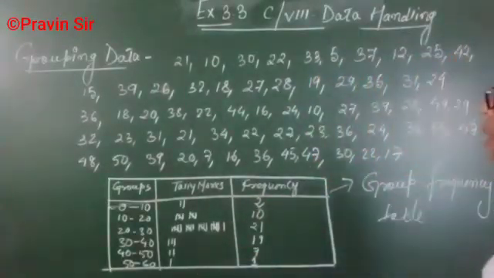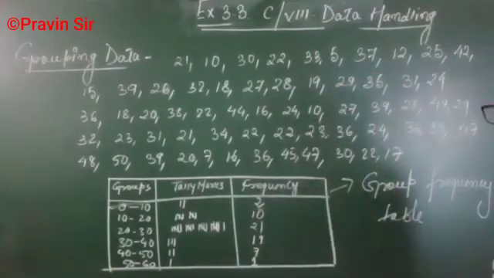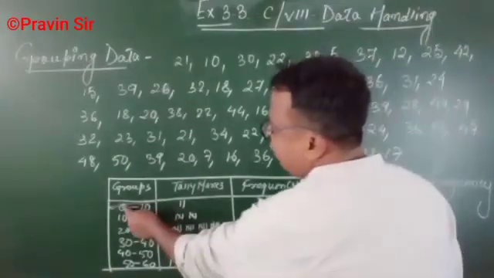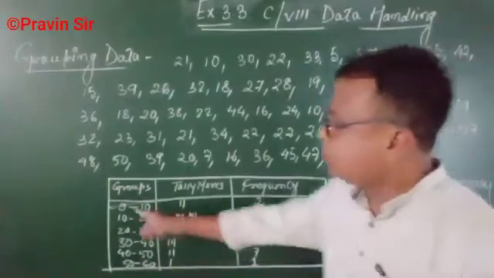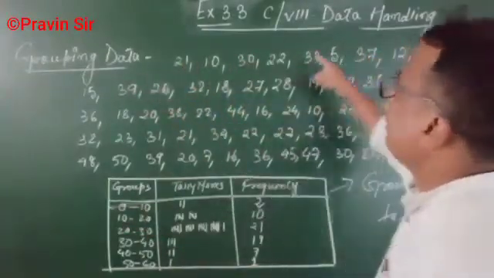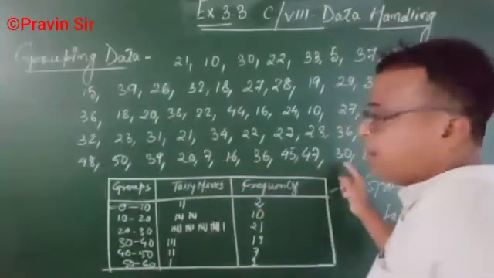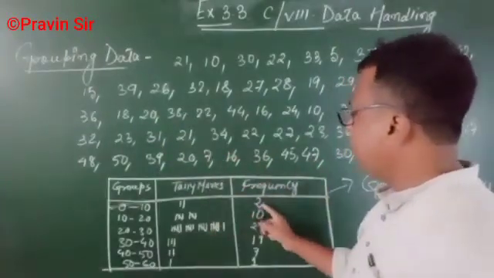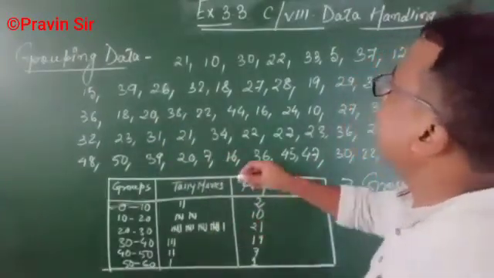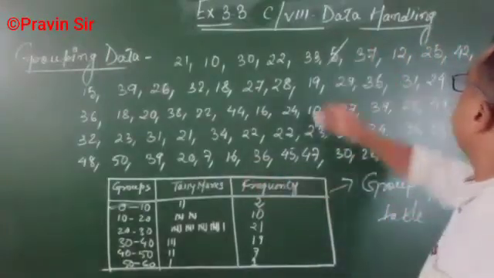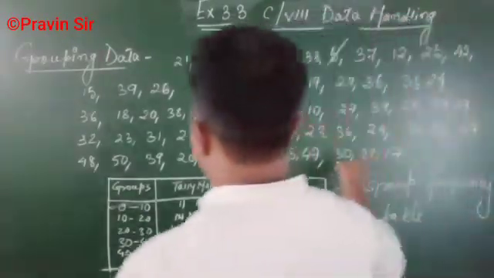Now you see how to read the data. Here you see 0 to 9 only. How many data are there in 0 to 9? You will find out: 2 data are there.